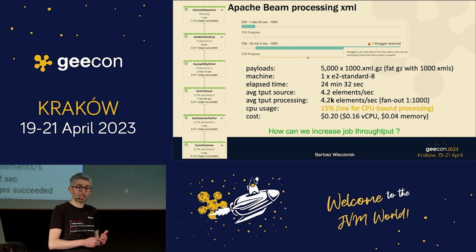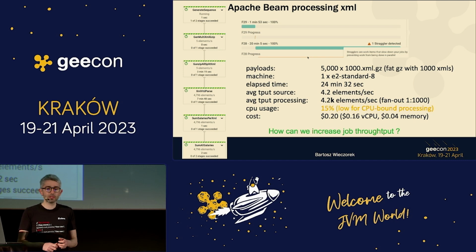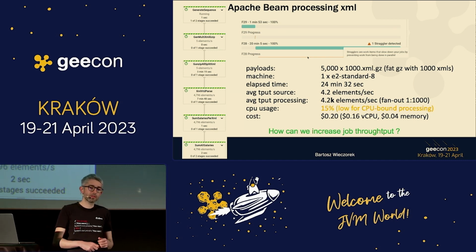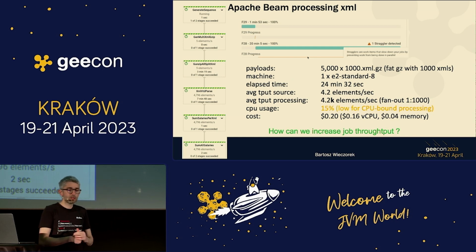So what we can actually do here is not a change in the code, but if we have a possibility to talk to the source that is sending us the XMLs, it would be better if the data is not packed into batches in one gzip file, but to have one gzip for one single XML. So a single XML. And let's try to guess what the throughput will be.